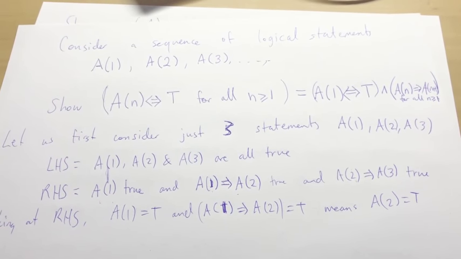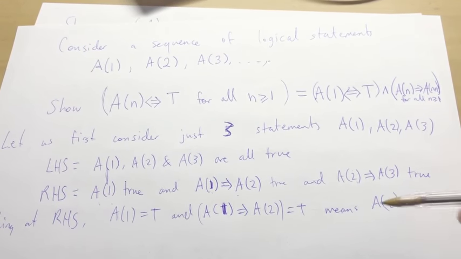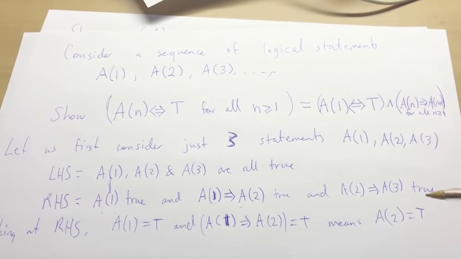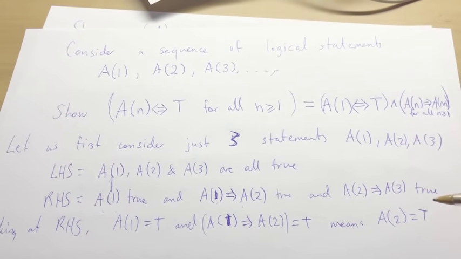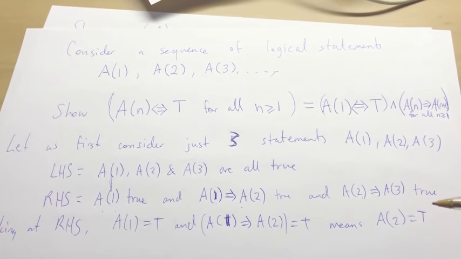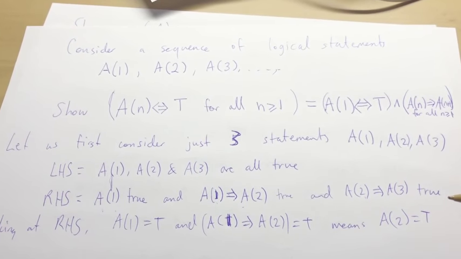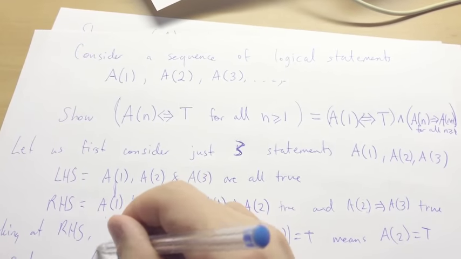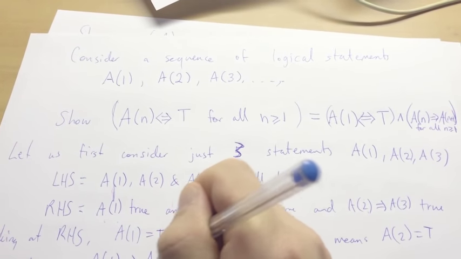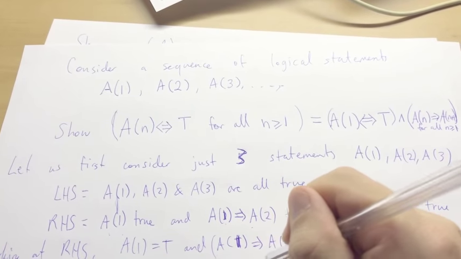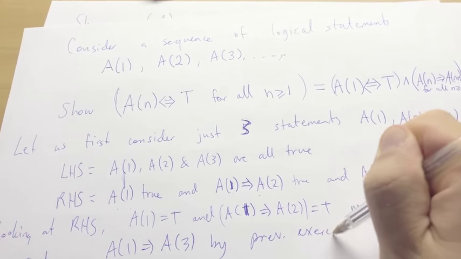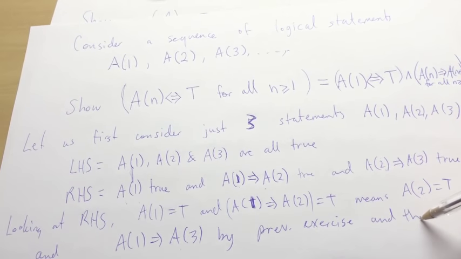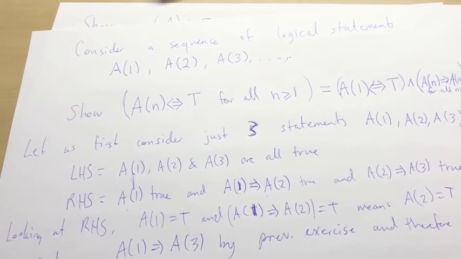We can even use the result we showed earlier, because A1 implies A2 and A2 implies A3, that A1 implies A3. So A1 implies A3 by the previous exercise, and therefore for the same reasoning A3 is true.